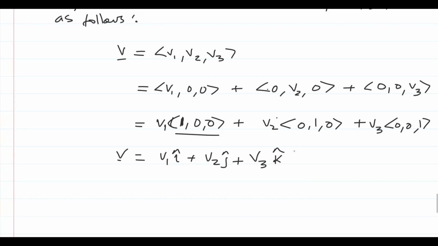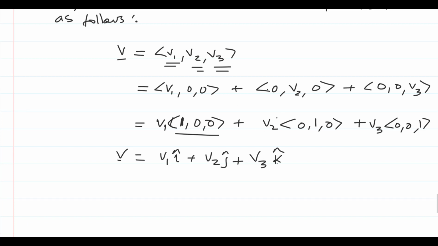Okay, so which means if you are given a vector in the component form, you can easily convert this in terms of standard unit vectors, by just multiplying the components by their respective unit vectors, and then adding them.